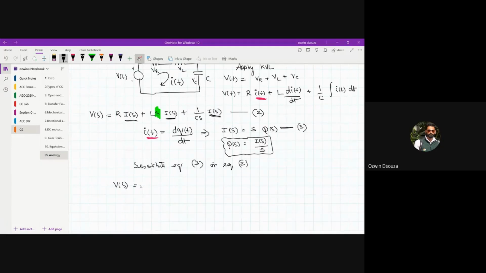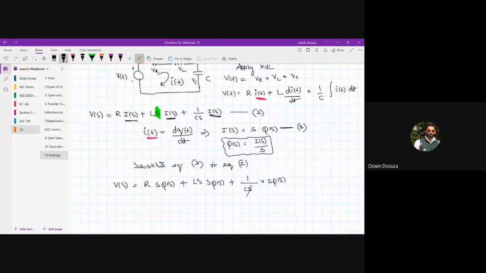When we do that, we get V of s is equal to R into I of s. But what is I of s? I of s is s into q of s, plus you have Ls into I of s. I of s is s into q of s, plus 1 by Cs into s into q of s.